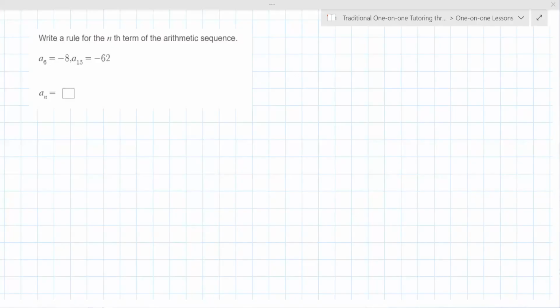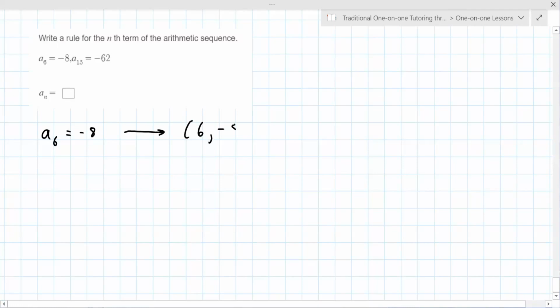All right, so again, this first thing, a6 equals minus 8, that's an ordered pair. It's the ordered pair 6 comma minus 8. The a15 equals minus 62. It is also an ordered pair. It is 15 comma minus 62.